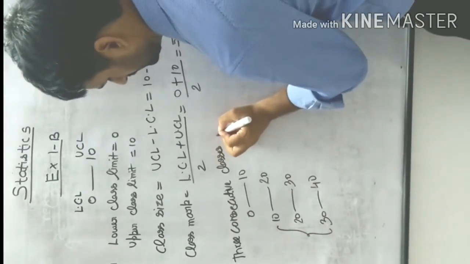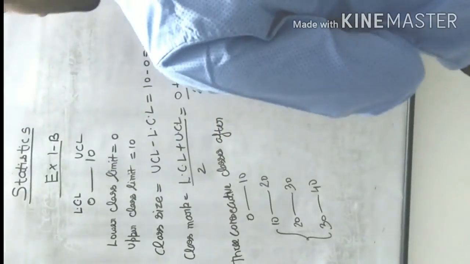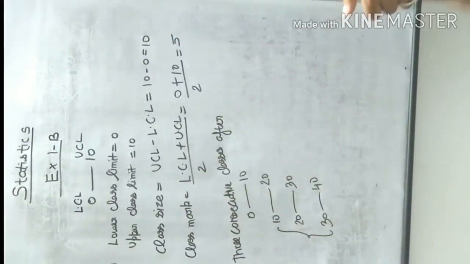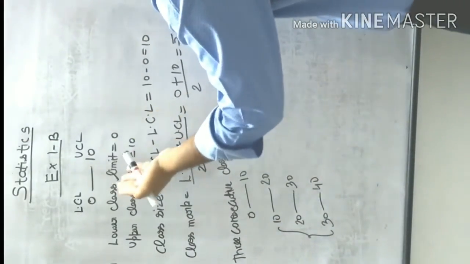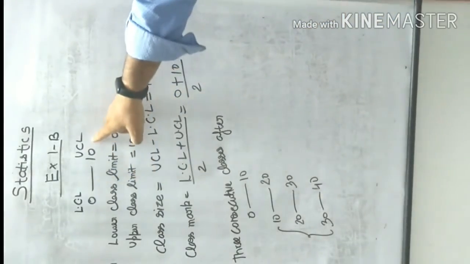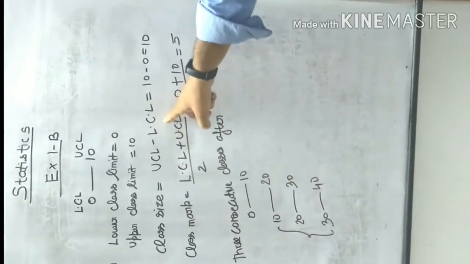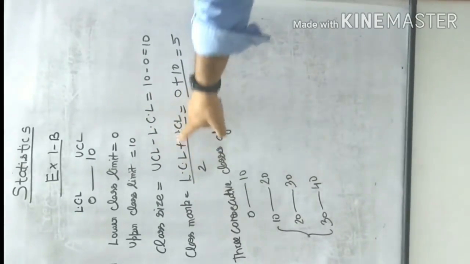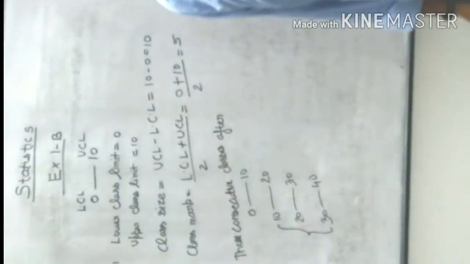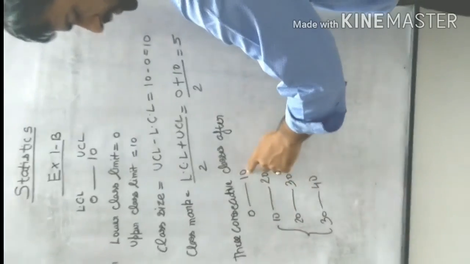Classes after 0 to 10. So whenever such a question is given, tables are made. 0 to 10, 10 to 20, 20 to 30, 30 to 40. It's called lower class limit, it's called upper class limit. Class size is upper class limit minus lower class limit. Class mark is LCL plus UCL by 2. Sometimes the classes are overlapping. That means 10 is here and 10 is here also, 20 is here, 20 is here.